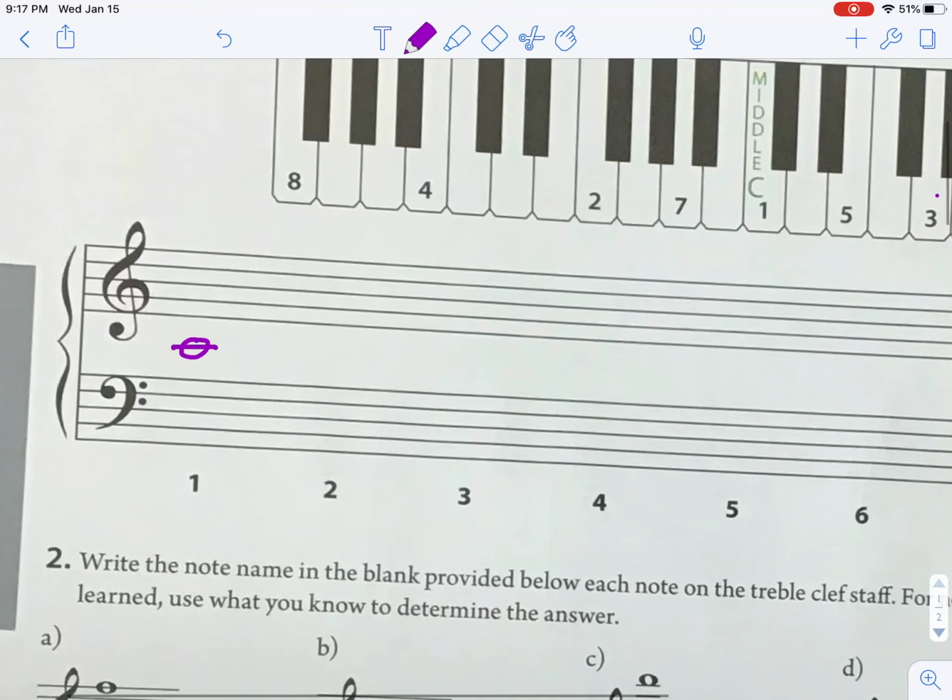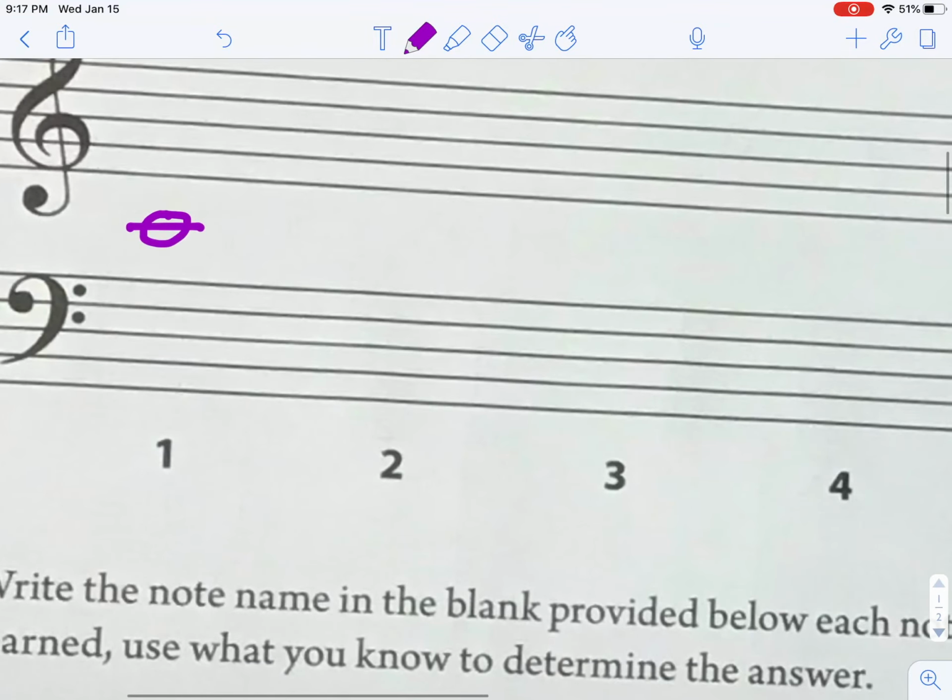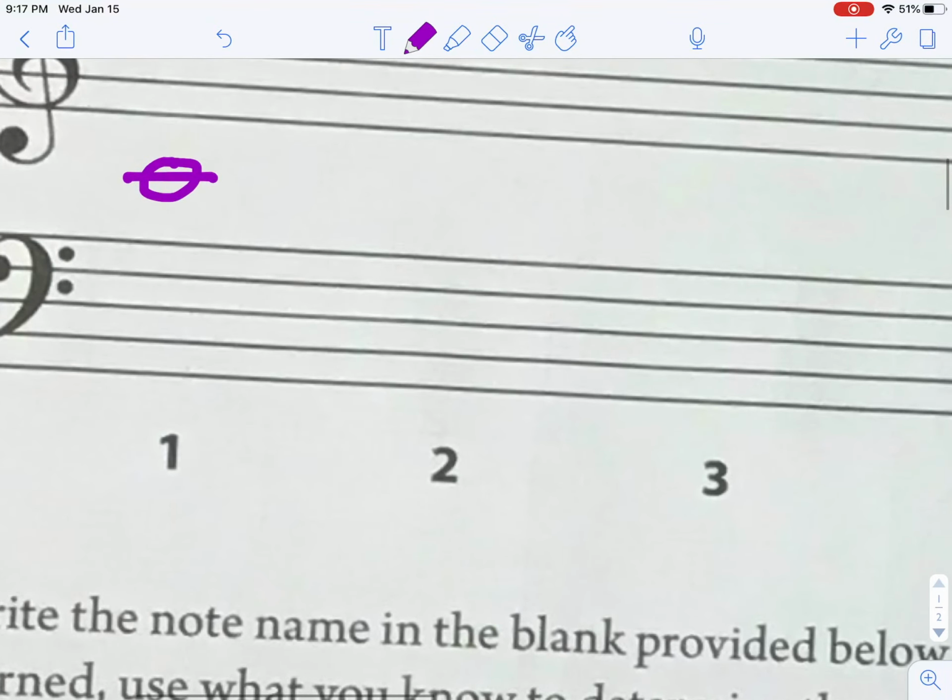Now, if I were to go down to number 2 and draw in all of these notes, I'd have C right here. Before that comes B. This would be A, so we're going to keep that in mind for later. Then we have to go back towards the end of the alphabet, G and F. So number 2 is going to be an F, but it's 5 keys below C. So we need to take that into consideration and find an F that is in this direction, meaning it's going to be in bass clef.